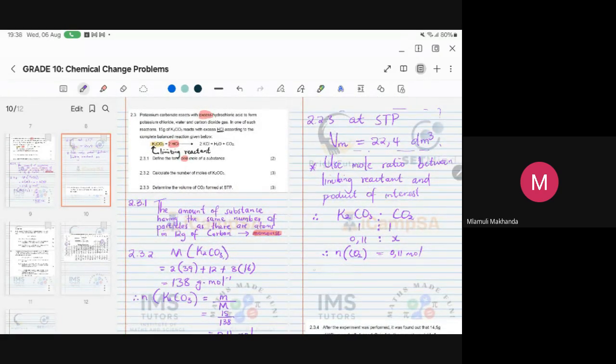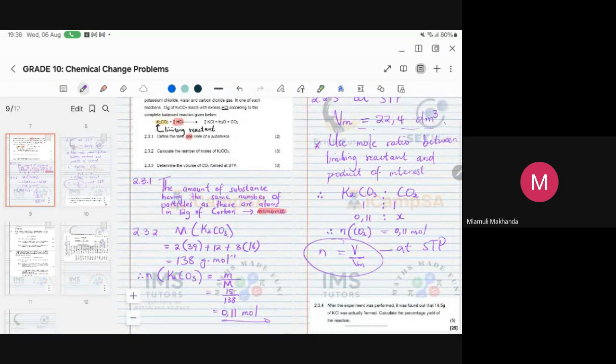If you remember, at STP, to find the number of moles of CO2, n would be equal to volume of the gas divided by the molar gas volume. This formula only applies at STP. Nowhere else. Don't try to use it anywhere else.